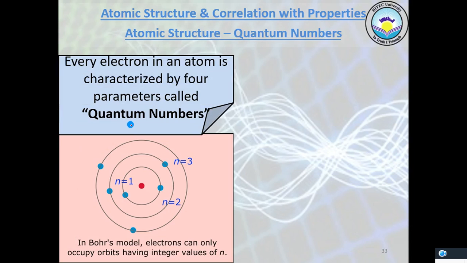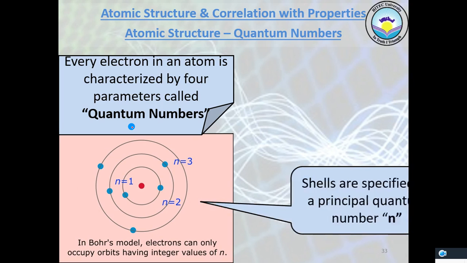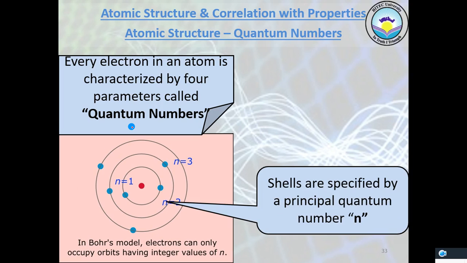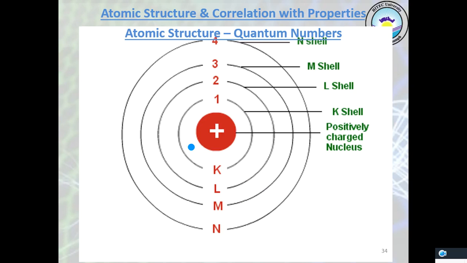So what are quantum numbers? Every electron in an atom is characterized by 4 quantum numbers. Shells are specified by the principal quantum number: K, L, M and N shells. This is your principal quantum number.